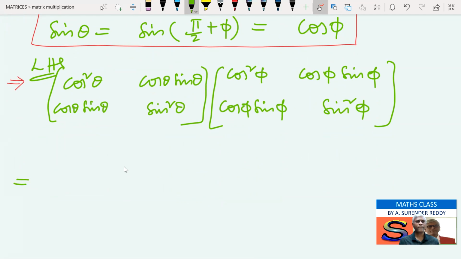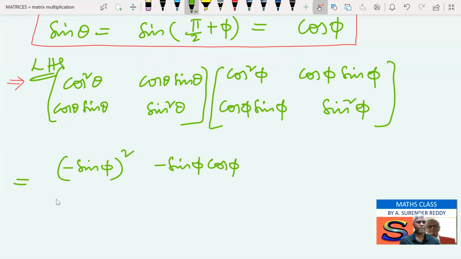Now replacing cos theta, cos theta is minus sin pi, sin theta is cos pi.